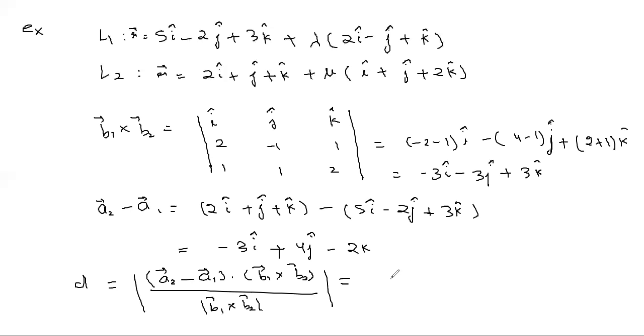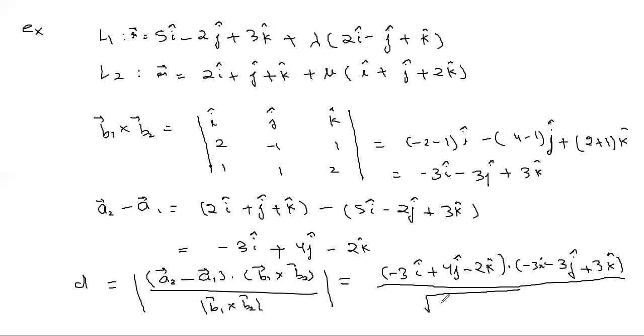Now the dot product is between minus 3i plus 4j minus 2k and minus 3i minus 3j plus 3k, and in the denominator we have the magnitude of the vector b1 cross b2, which is the square root of minus 3 squared plus minus 3 squared plus 3 squared.